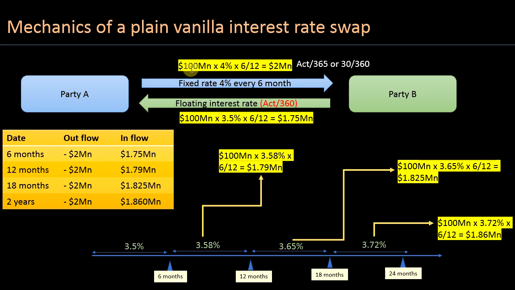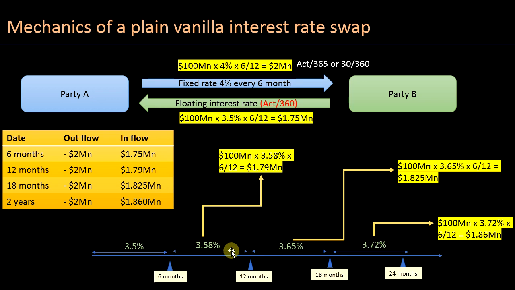So that means every 6 months party A will be paying 100 million multiplied by the fixed interest rate, which is 4%, multiplied by 6 by 12, because every 6 months party A has to pay party B the fixed interest rate, which is $2 million. So that's what you can see here. Every 6 months party A will be paying $2 million and will be receiving a floating interest rate.